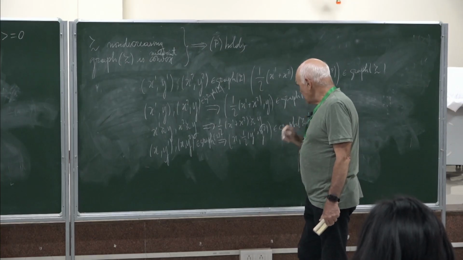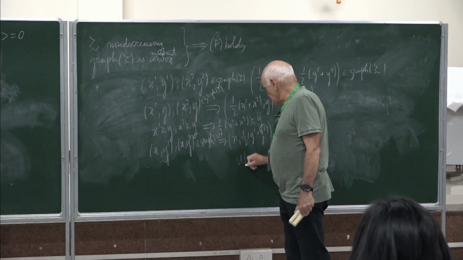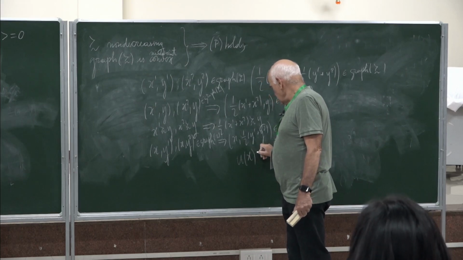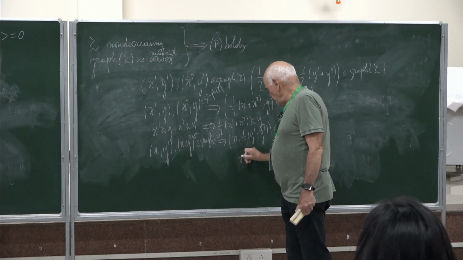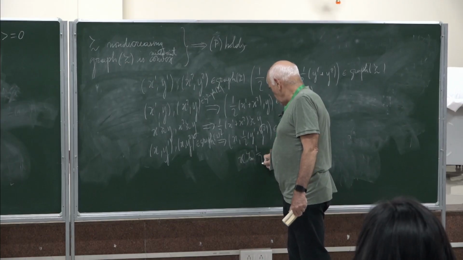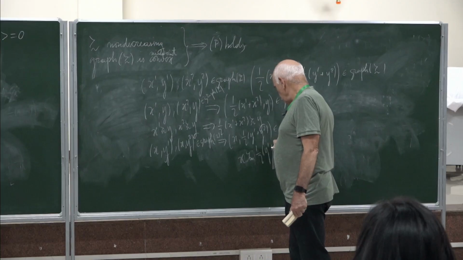Which means that x should be preferred to 1/2 (y1 plus y2).